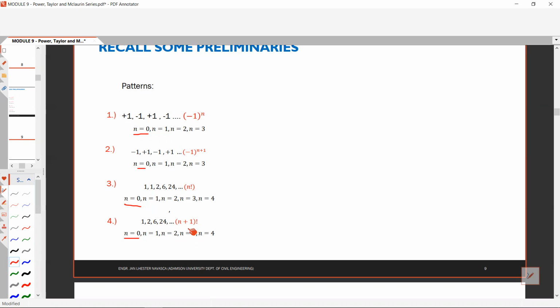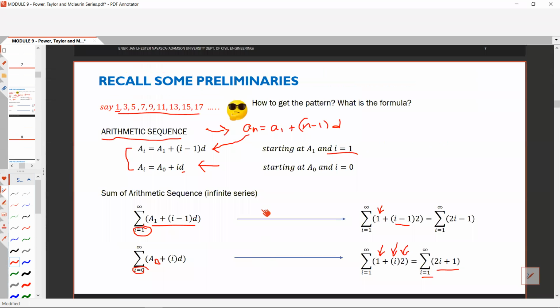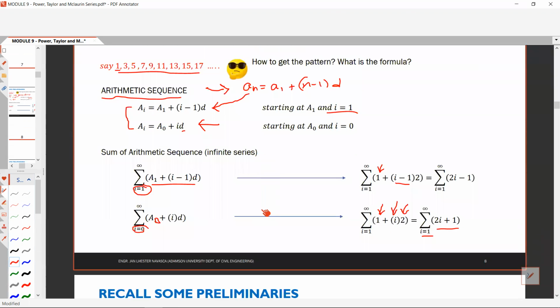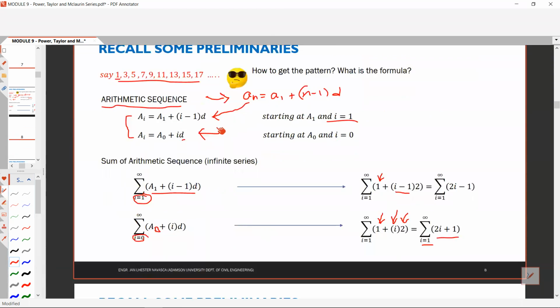So that is n plus 1 factorial, n is equals to 0 hanggang infinity. Okay, so these are the preliminaries that we need to recall in order for us to solve for the power series expansion. Okay, sige.